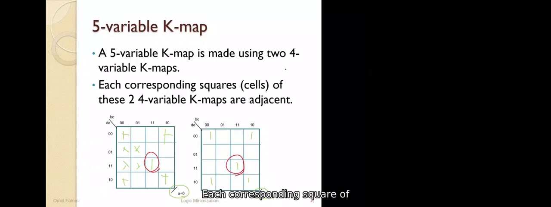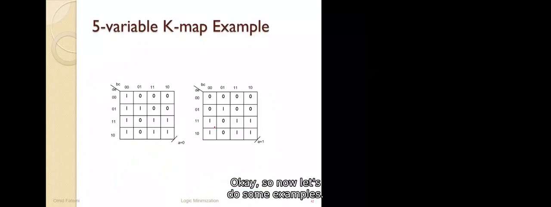Each corresponding square of these 2 4 variable maps are adjacent. So these 2 red ones that I put, they are adjacent. And also the 8 ones that we had at the corners, they are all adjacent. Okay. So now let's do some examples.